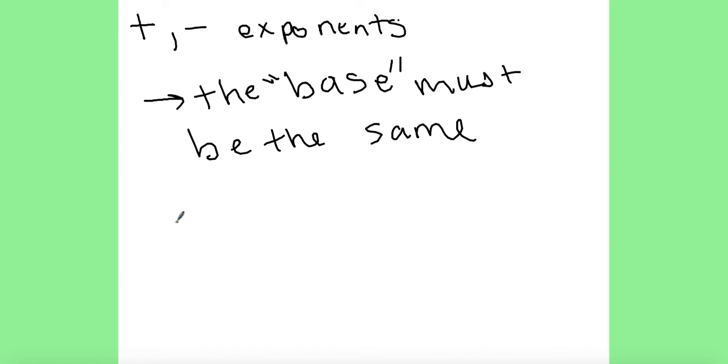Remember, the base is that bottom number. The base is the number that you're multiplying. How many of those things you have. Okay, so in our case of x, in order to be able to add or subtract, the base has to be the same, and this is the base.